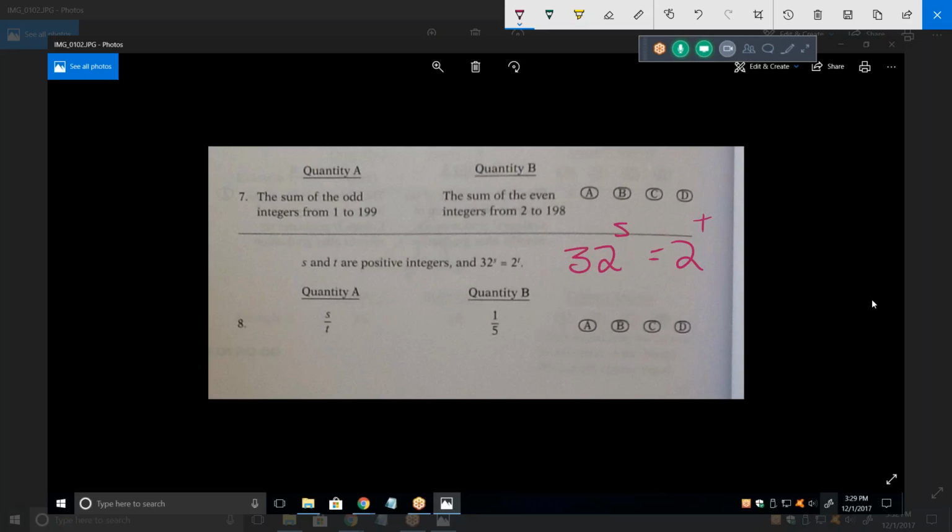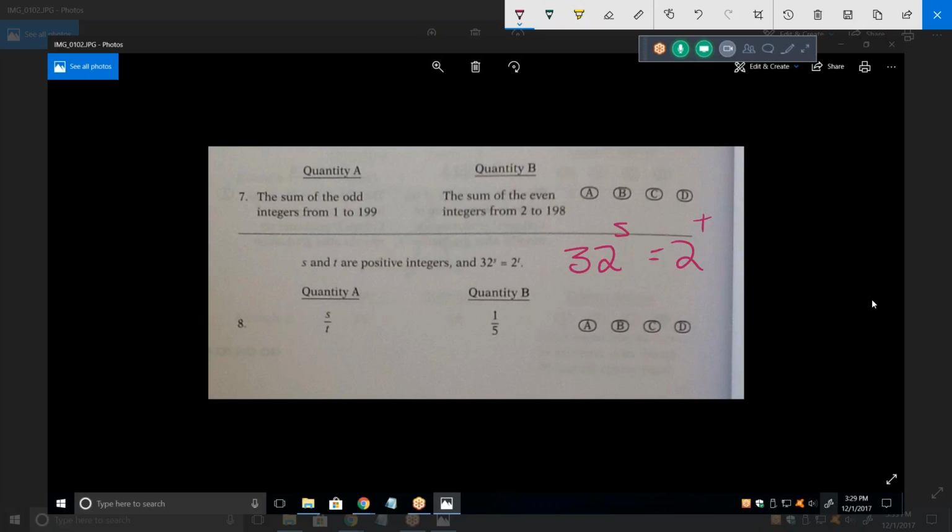S is 32 and T is 2? Is that what you're saying? No. What's the relationship between 32 and 2? How could you express 32 as a power of 2? It's 2 to the 5th.